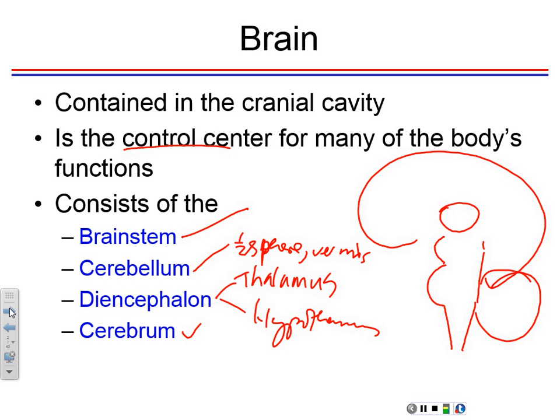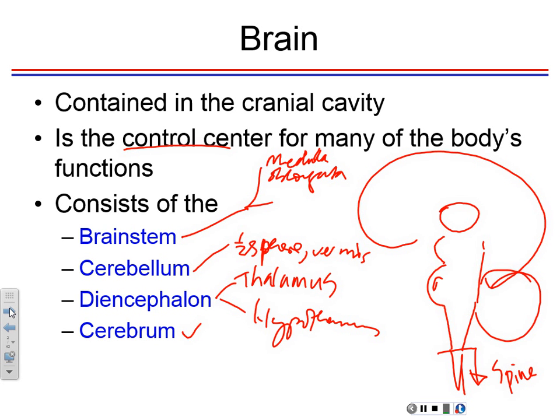The cone is made up of the medulla oblongata, and the medulla oblongata is continuous with the spinal cord. So it tapers, and this is where the spinal cord starts. The medulla has several very important functions. And then what else is part of the brainstem?